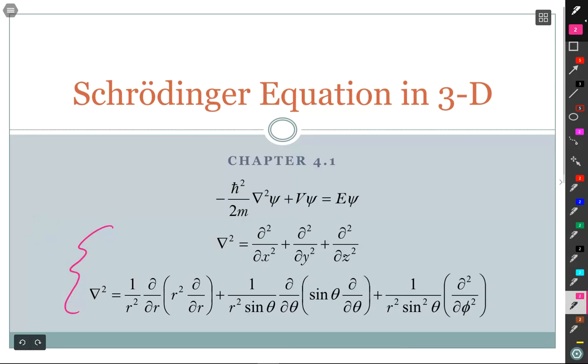That's an L. And it looks oh so simple in Cartesian coordinates and oh so complicated in spherical coordinates.